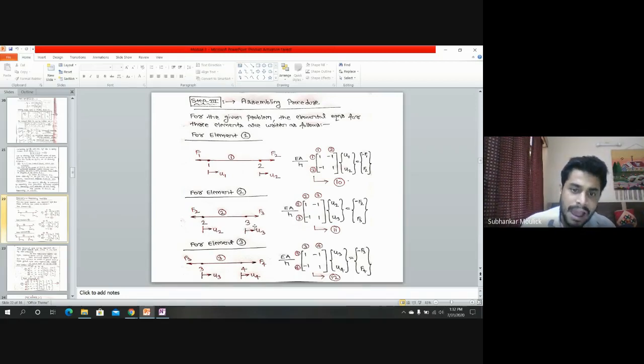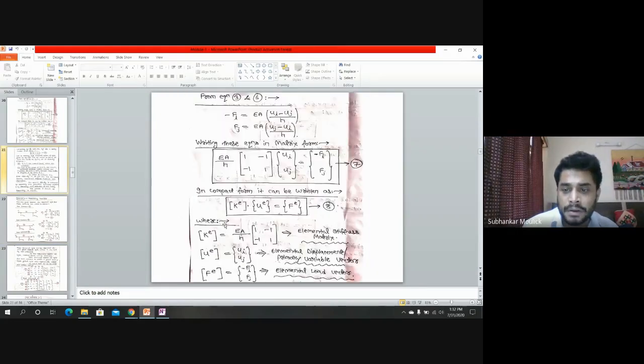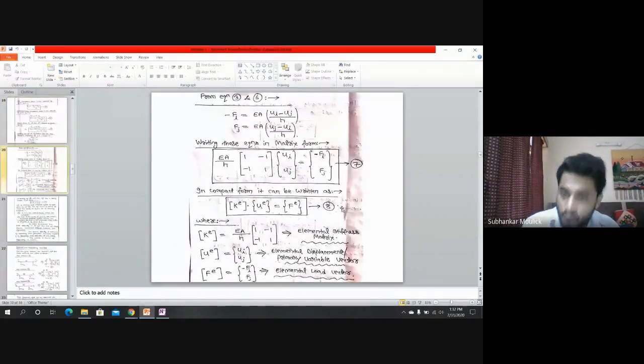Now for element number 2, my i will be 2 and my j will be 3. Nodal point 3, the force acting at 3 is what? Fj, so it will be plus F3. Force acting at nodal point 2, which is i, is nothing but minus F2. So again, if I want to write my equation number 7 for this element 2, how will I write? EA by H, [1 -1; -1 1], [Ui; Uj].